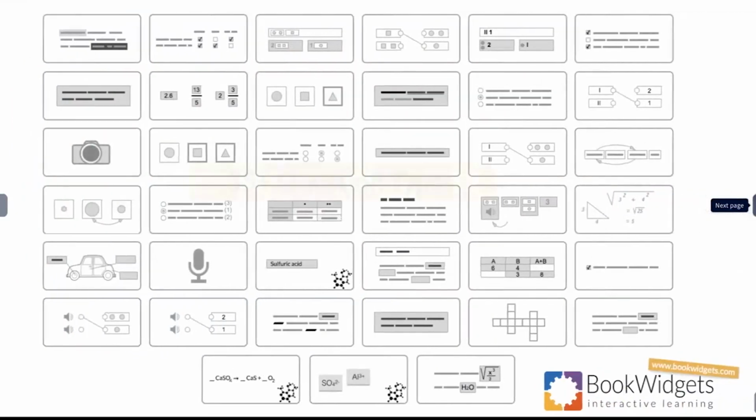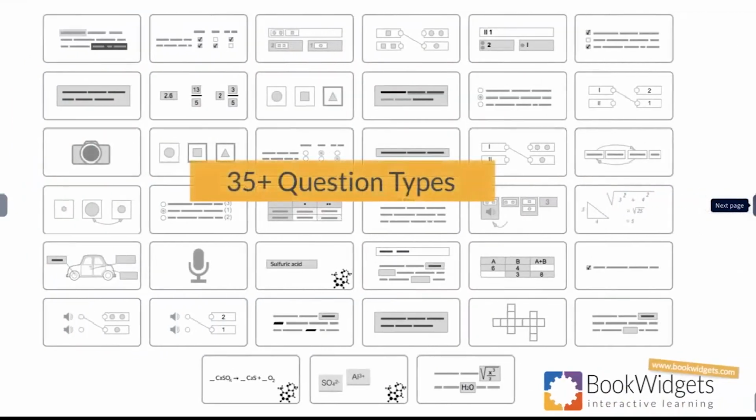But that's not all, because we also have 35 different question types that will help to capture your students' learnings. And many of these question types are also auto-graded, so it will save you time not having to manually score your students' work, and that you can concentrate on giving them great qualitative feedback.